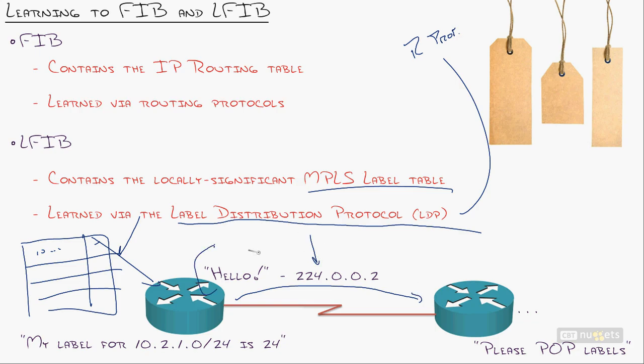It says hello, just like a routing protocol. I am your neighbor, and I would like to let you know that my label for such and such is 24. So the neighbor says, okay, that's great. By the way, my label for 10.2.1.0, I just abbreviated my little conversation, is pop. I don't have a label because I'm connected to 10.2.1.0.